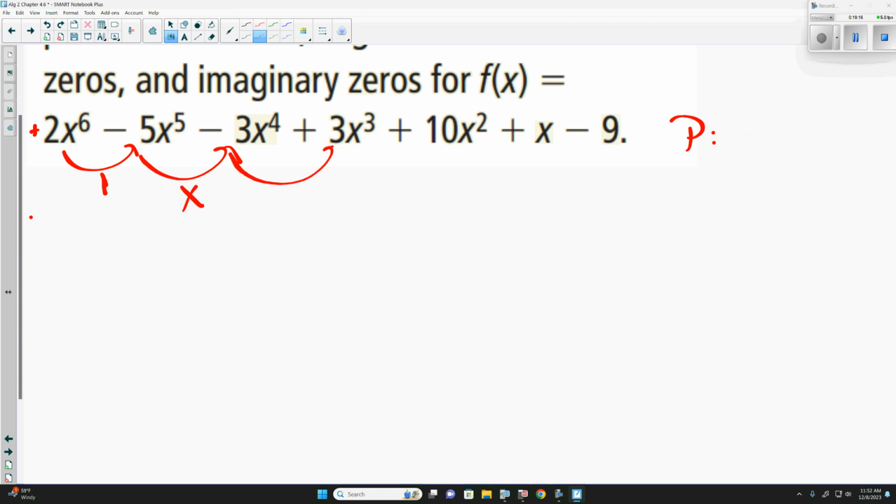X to the 4th to x to the 3rd would be our second, negative to positive. X cubed to x squared is positive to positive, so no. X squared to x, positive, positive, so no. And x to 9, yes. So the most positives we can have is 3 or less than it by an even amount. So it'd be 3 or 1.